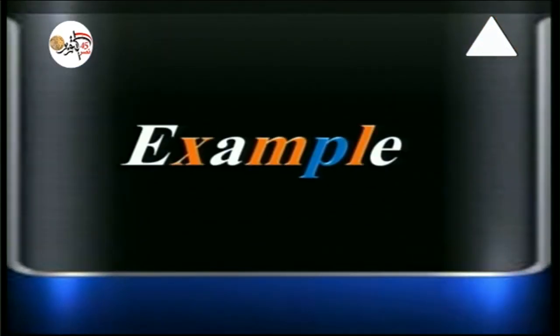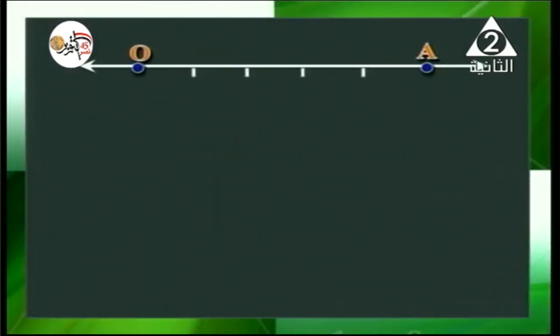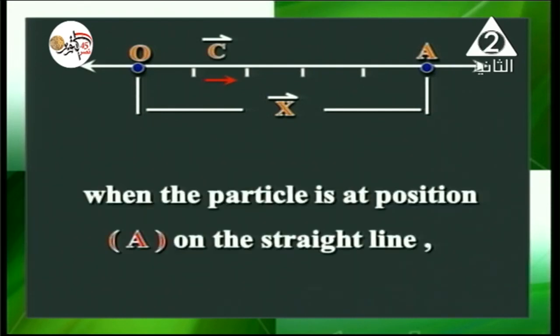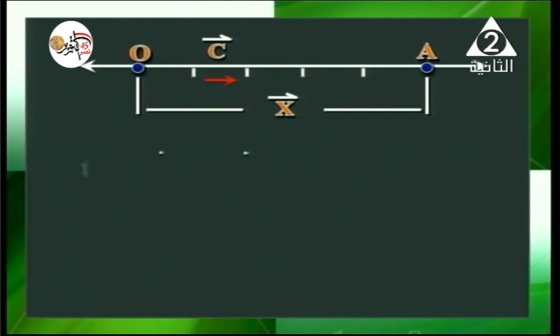My dear student, look at an important example. If we have OA, the particle is at position A on the straight line. Look at, my dear student, x vector equals 5c vector.